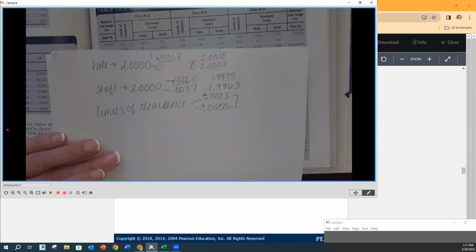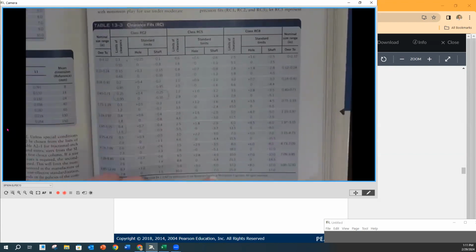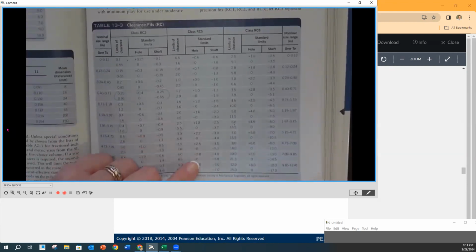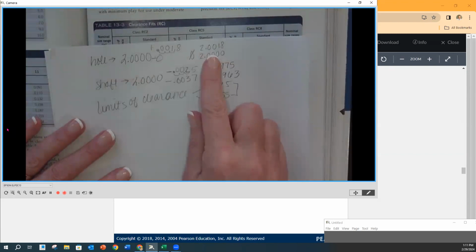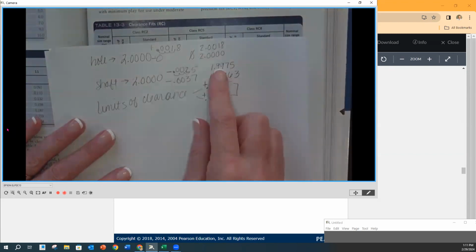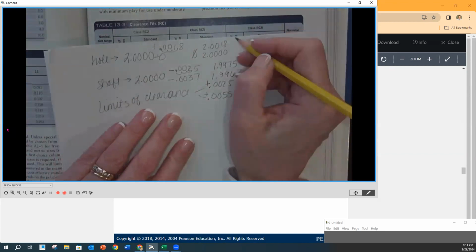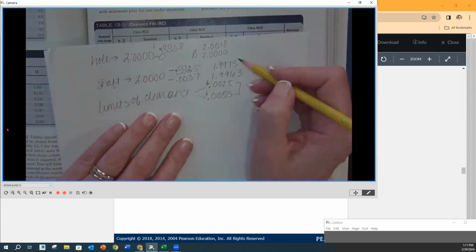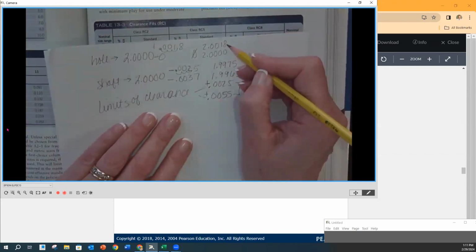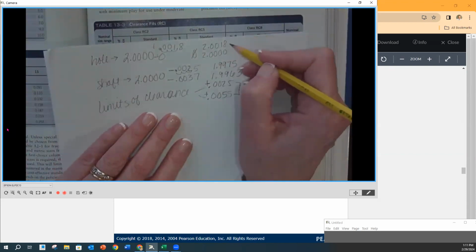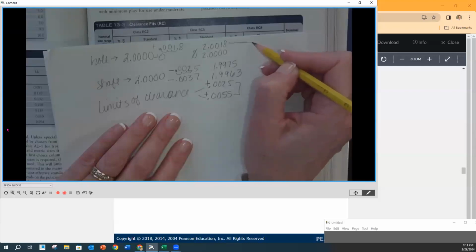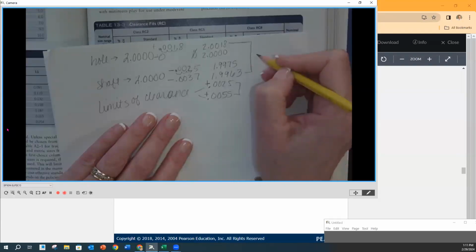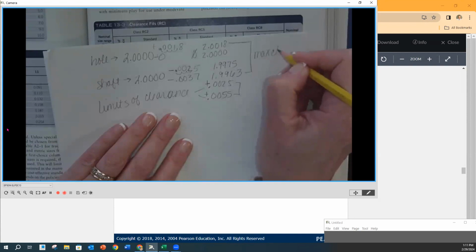So questions. Using our chart, RC fits, in this case RC5, applying what we get from the chart to determine our limits of the hole and of the shaft. And then as we look at these, because there's limits of clearance, when we look at our largest hole and we compare that to our smallest shaft, this is going to be the maximum clearance.